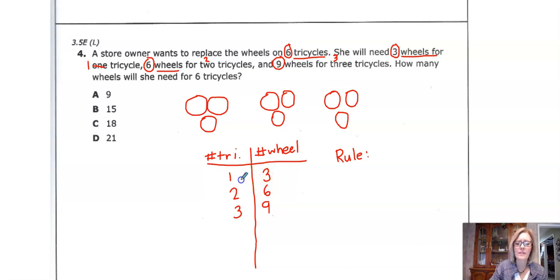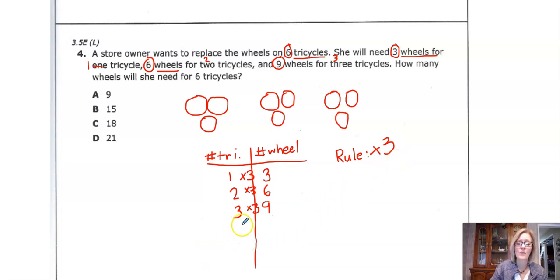Well, this happens to be one that I can see real easily. 1 times 3 is 3, and I know that that will work for the next one. 2 times 3 is 6. 3 times 3 is 9. And so our rule is times 3, or each time we get another tricycle, there are 3 more.